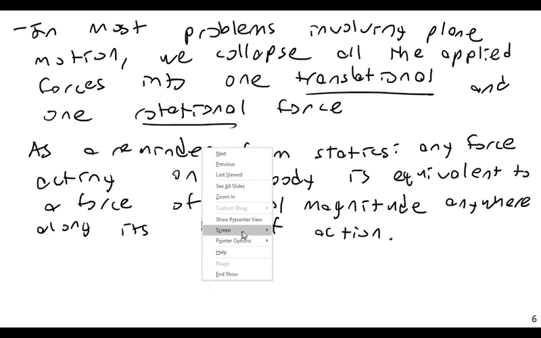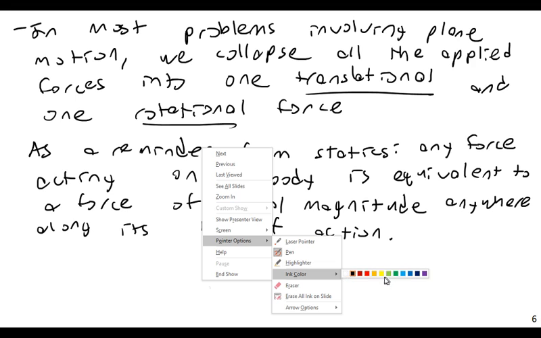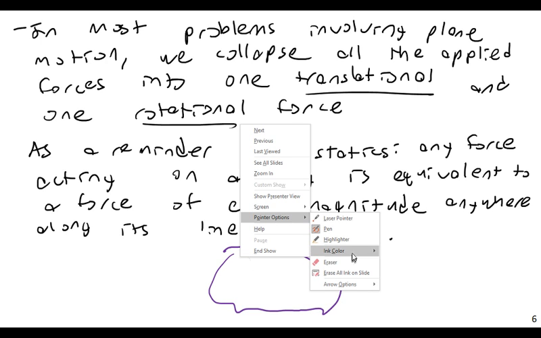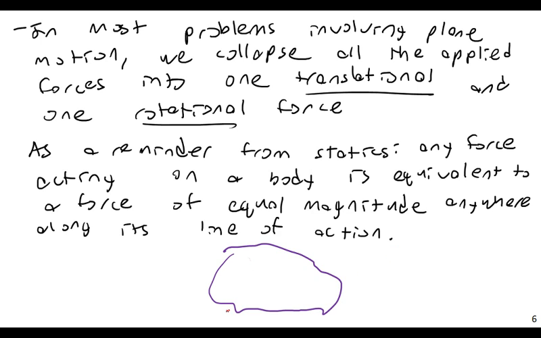So if I had an arbitrary rigid body and I had a force applied to it here, let's say the centroid was here and the center of gravity was there.